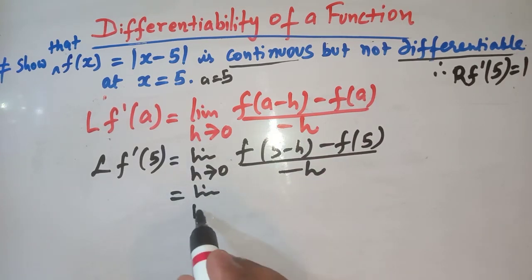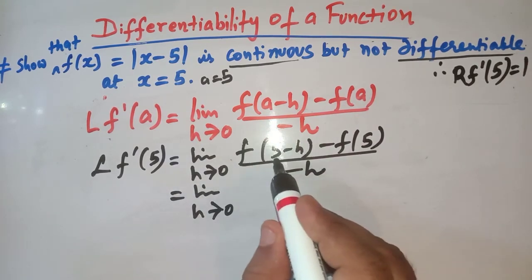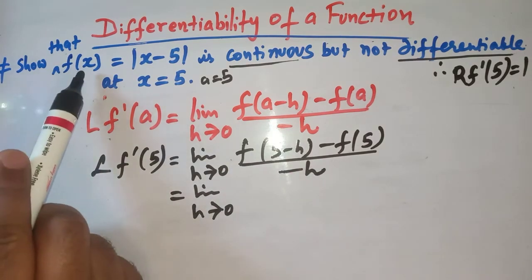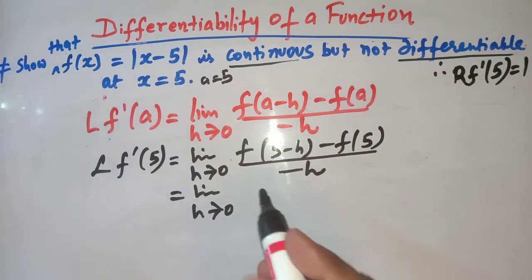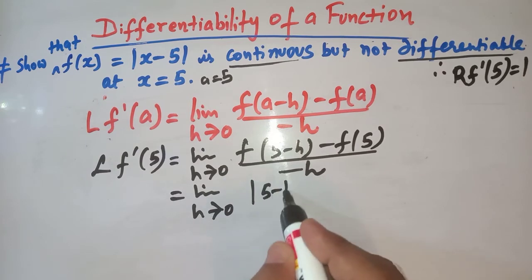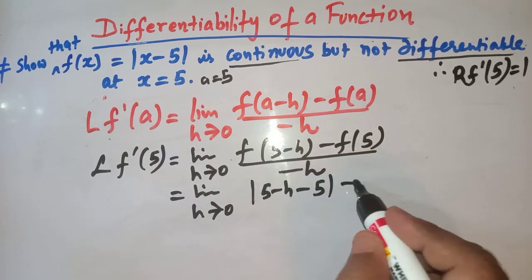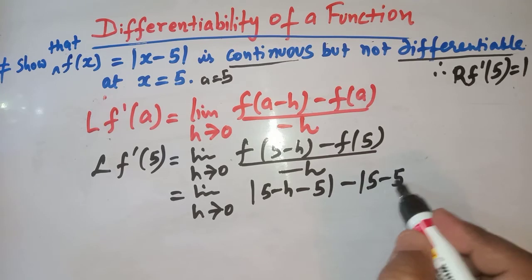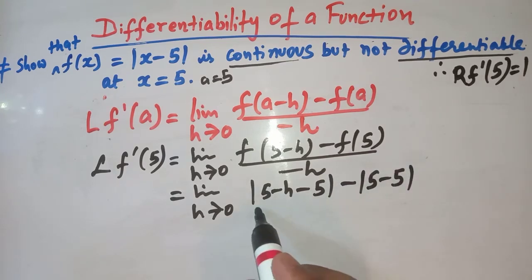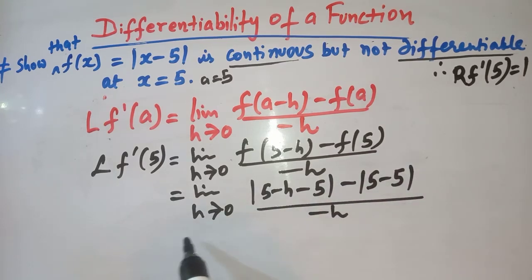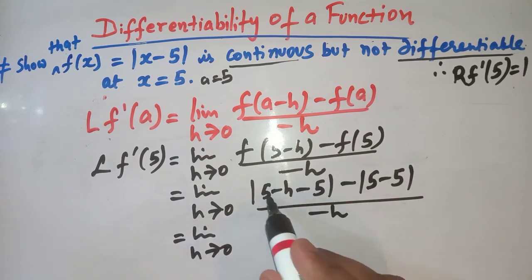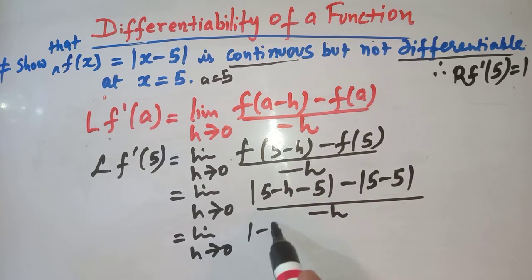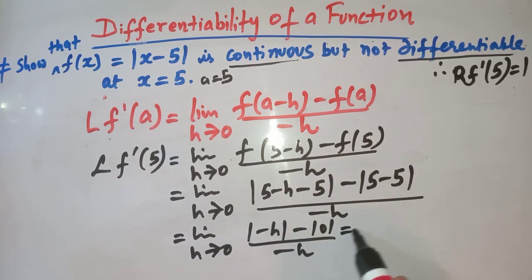So we have limit h tends to 0. F of 5 minus h is obtained from here. We have 5 minus h minus 5, and f of 5 is 5 minus 5. Clear? So we have minus h. Now we can write limit h tends to 0, 5 minus 5 is 0, so mod of minus h over minus h, with mod of 0 in the numerator.